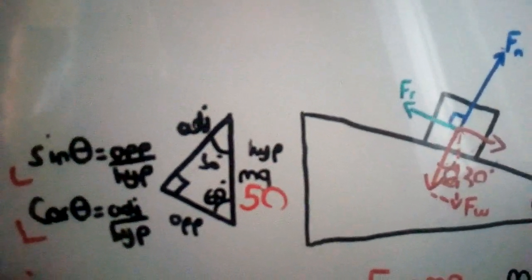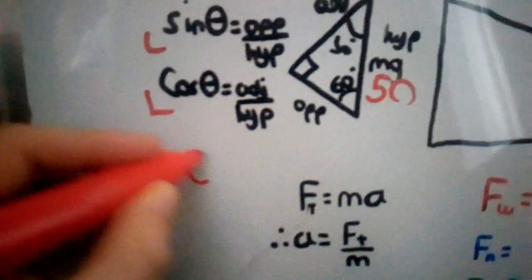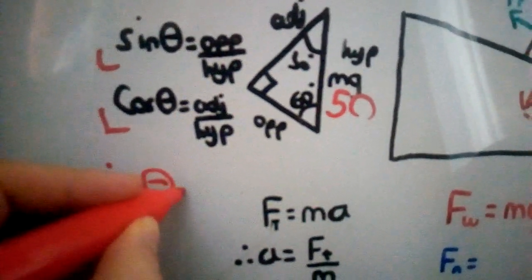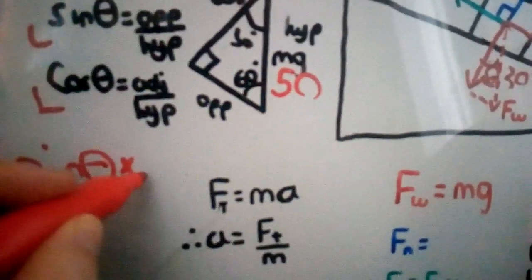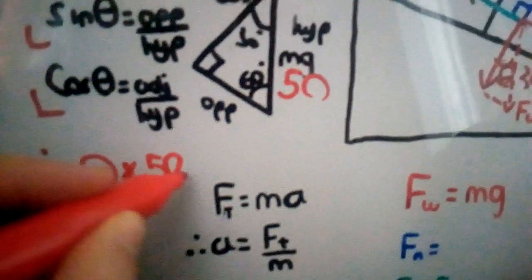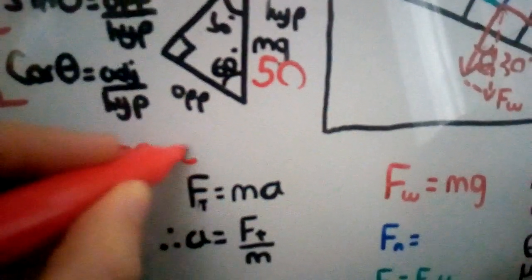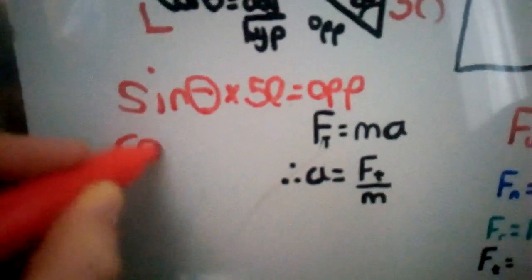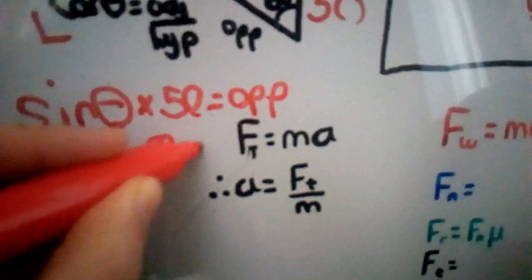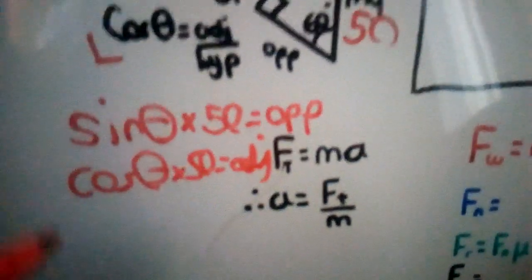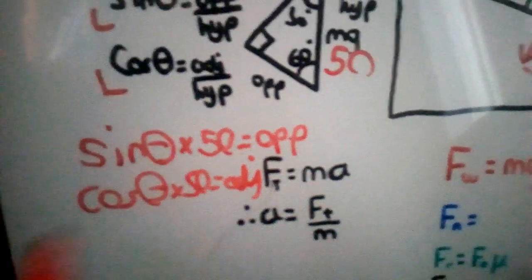So sine theta times hypotenuse, which is mg, so times 50, is equal to the opposite. And similarly, cosine theta times 50 is equal to the adjacent side. Not very nice right there, but that's what we've got.